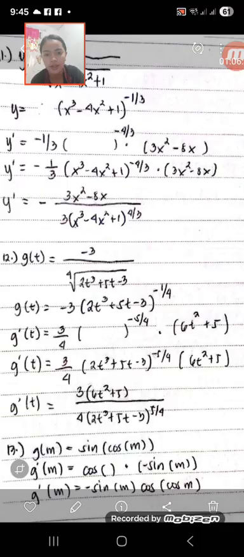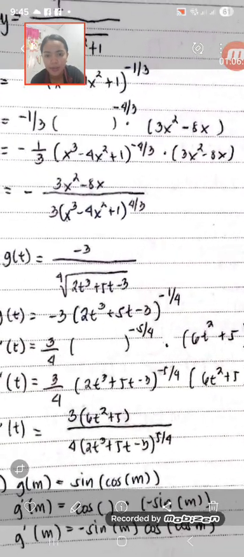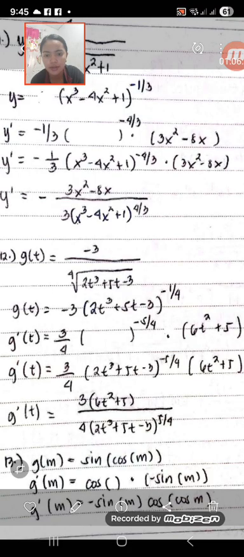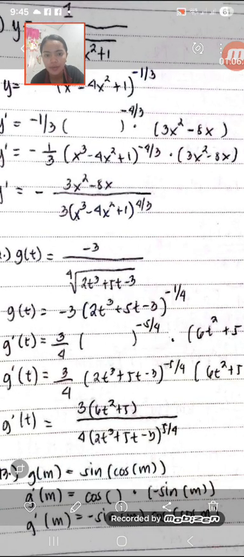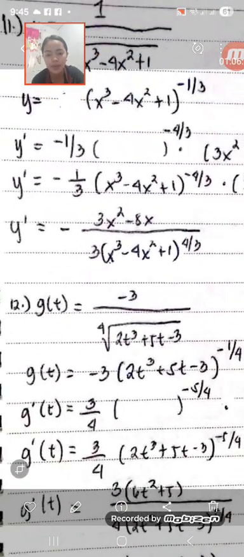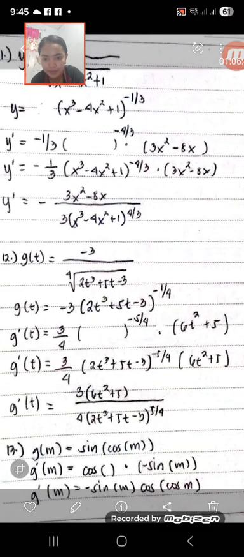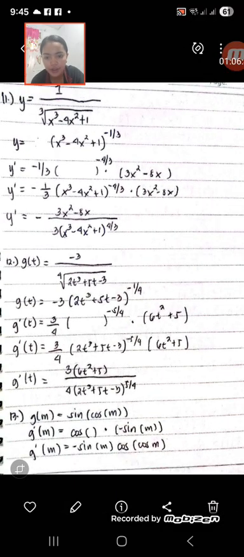That's why we come up with here. And yeah, multiplied by this part in order for this not to be negative, we come up with this 3 over 3. Copy this one to our numerator and this as our denominator. The same process goes with item number 12, number 13.